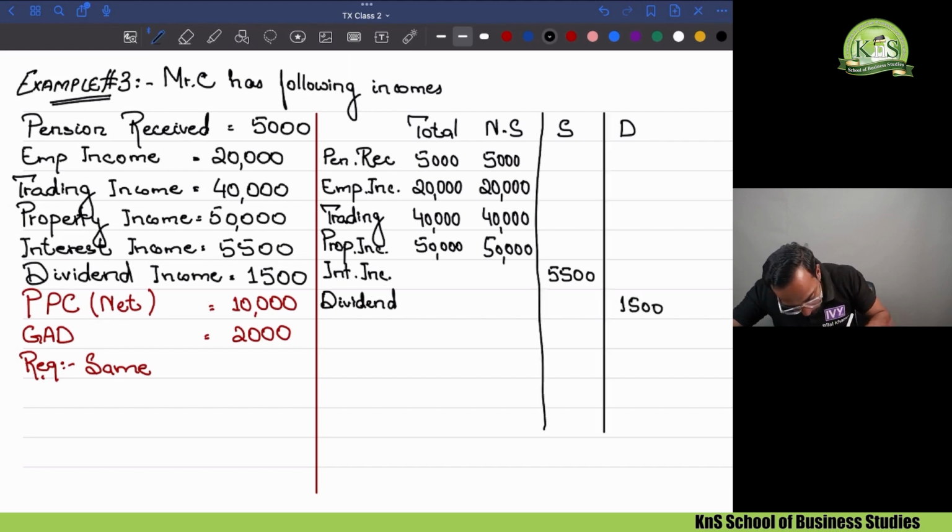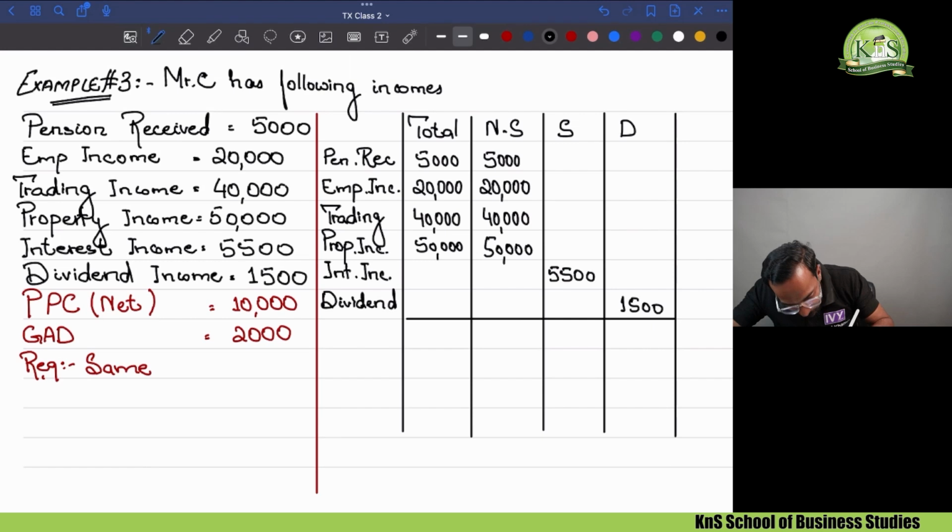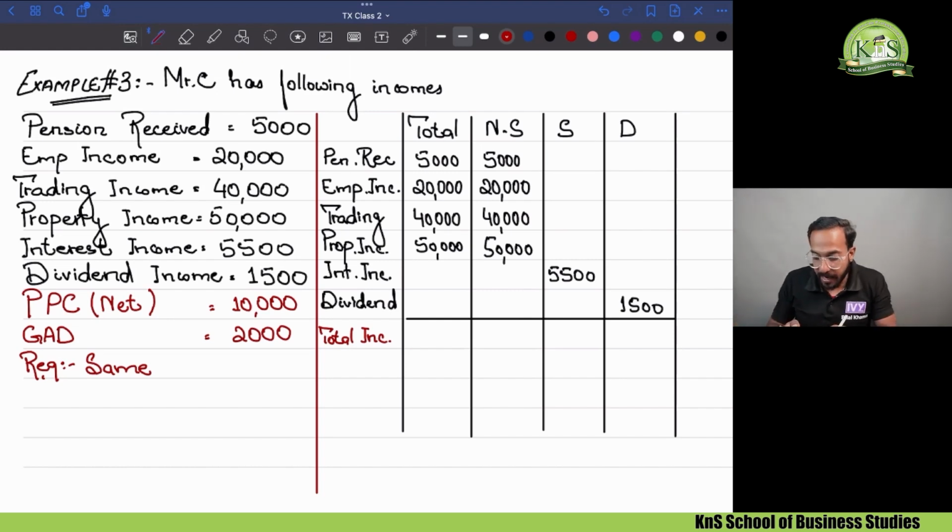Thus you need to make columns. Okay. Now after adding all the columns, you will get a total income. Just add it: 5,000, 20,000, 40,000, 50,000 plus 1,500, 5,500.